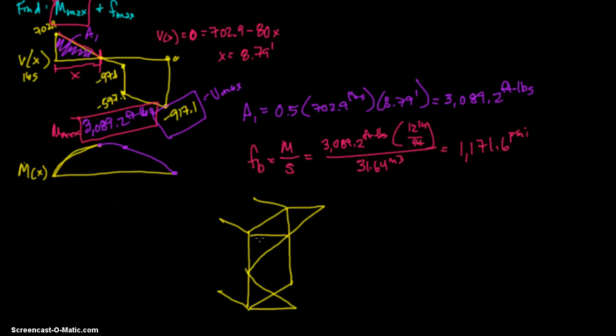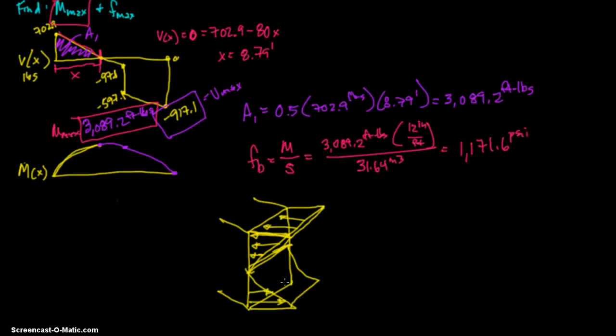And remember, if it's positive, then we could look at it this way. Oh shoot. The top flange is in tension, and the bottom flange is in, I keep on saying the wrong one.